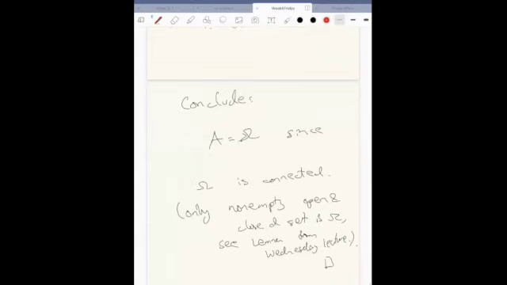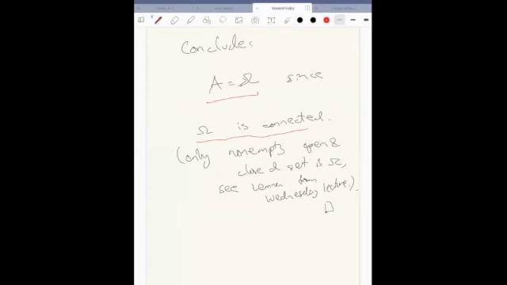Now, A has to be everything because omega is connected. The only non-empty open and closed subset in omega has to be everything by a lemma that we showed in the Wednesday lecture. So that concludes this example.